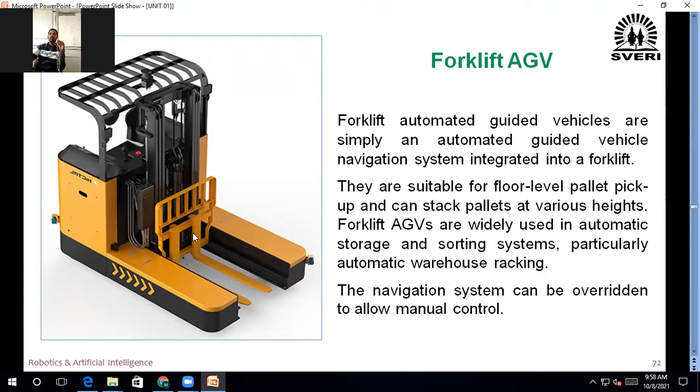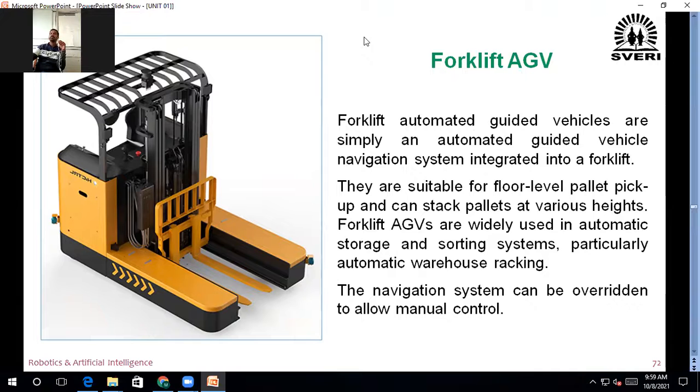With the help of this forklift, many industries are using only a manual, driver forklift. तुम्ही जर बघितले असतील तर सगळे ते forklift मूव्ह करण्यासाठी ड्रायव्हर बनले असतील. But these forklifts we can use with AGVs, automatic guided vehicles.